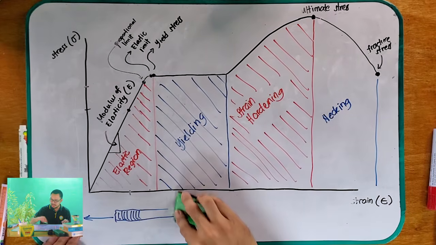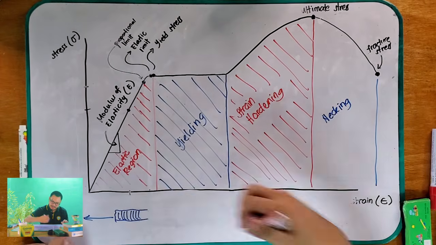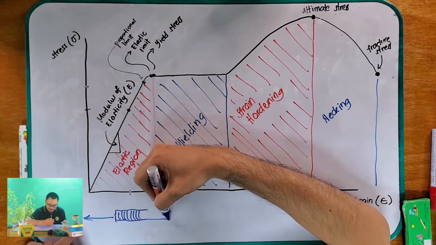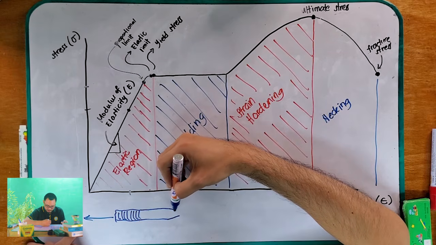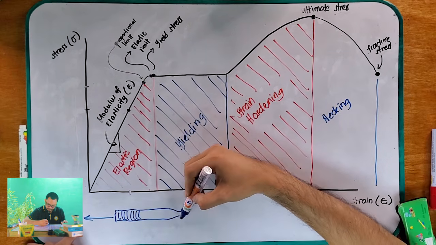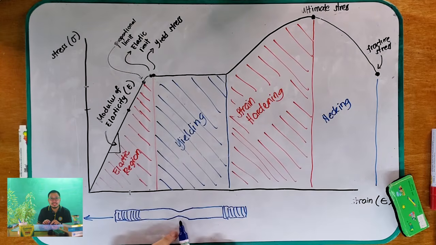So, let's say kani atong specimen nagnecking na, ni-gamay ang iyang, as you can see, ni-gamay na ang iyang cross-sectional area ani nga part. And that is why gitawag siya nga necking.